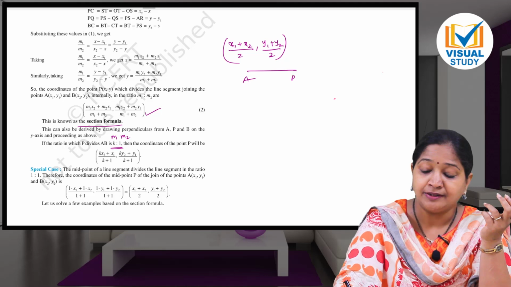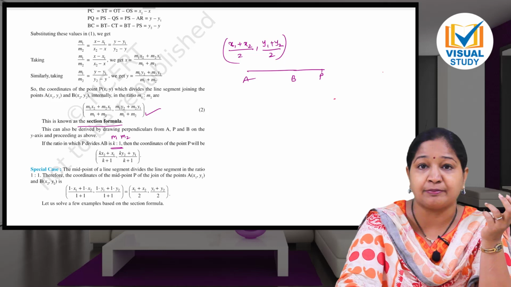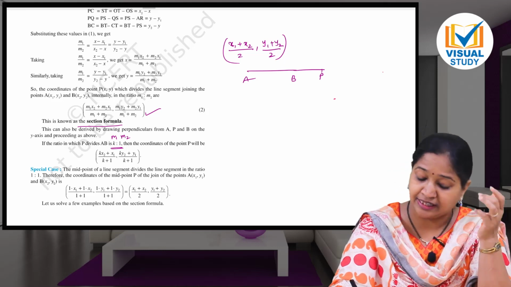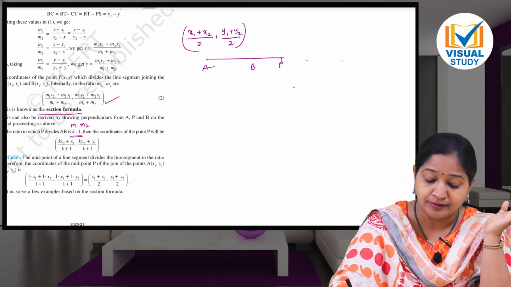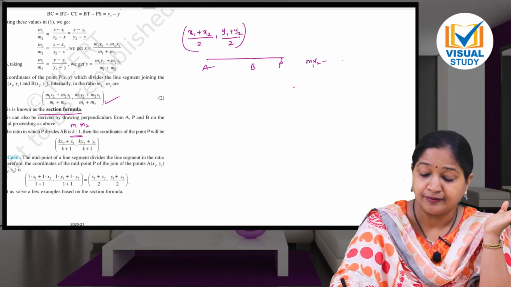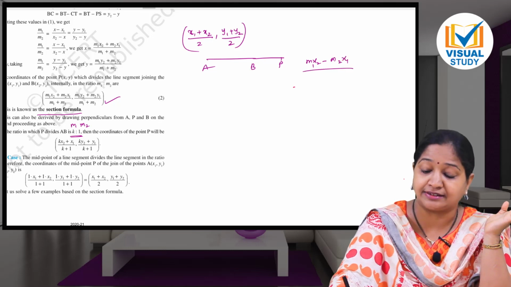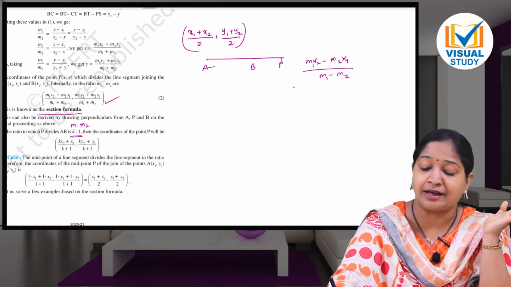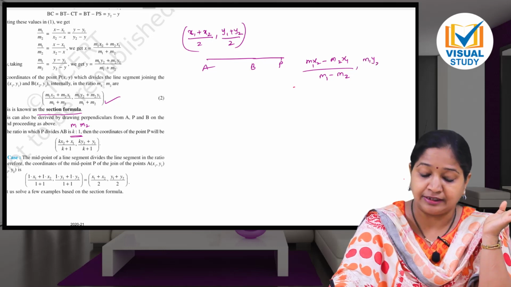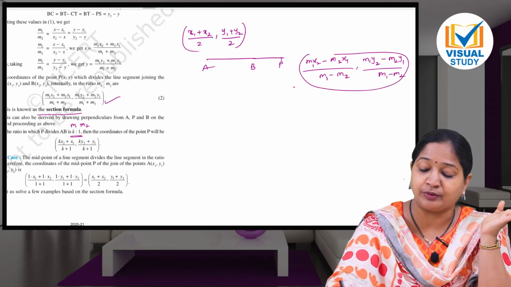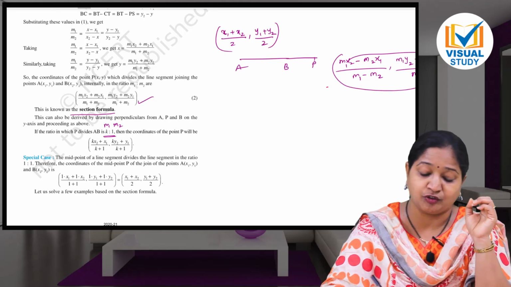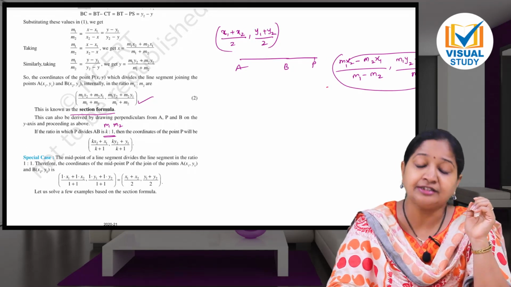That means when the line segment AB is divided externally, you have the same formula, but with a minus: M1 x2 minus M2 x1 upon M1 minus M2, and for y also the same, M1 y2 minus M2 y1 upon M1 minus M2. But we are not doing this formula this year. We are doing only the section formula that is divided internally, that is with the plus sign.